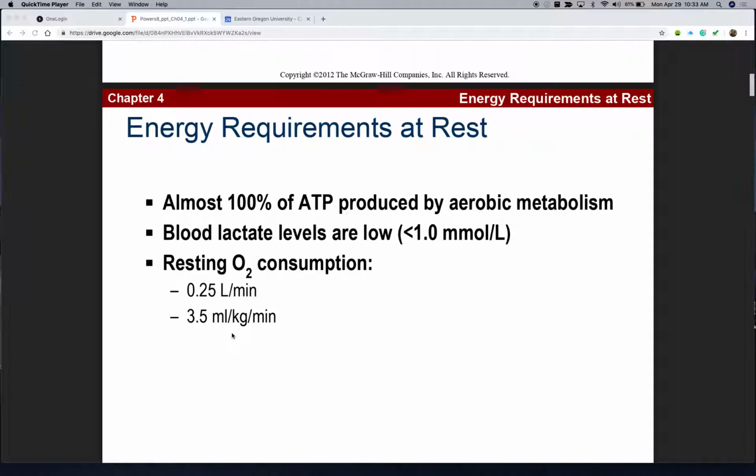And so then you could get an estimate of the amount of oxygen that you're consuming, right? And what if we knew, on average, how many calories an average person burns per liter of oxygen consumed, right? Then we now have an estimate of your oxygen consumption over a 24-hour period.